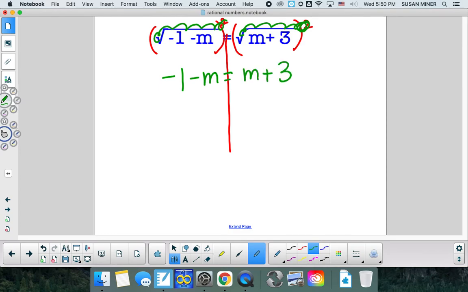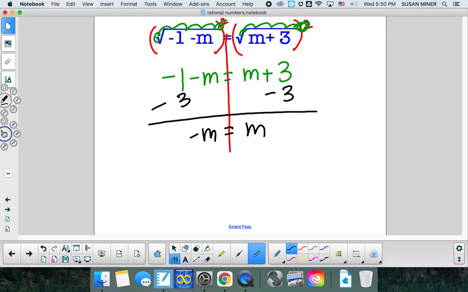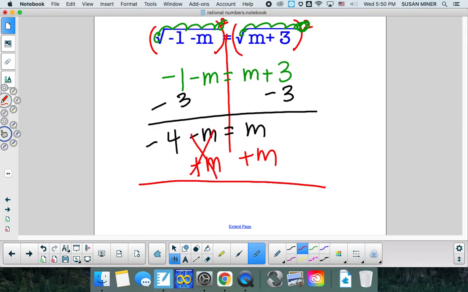And then it's just a regular old equation like we've been solving all year long. I can subtract 3 from both sides. And I'm going to get m is equal to negative m minus 4. I can add m to both sides. These will cancel.